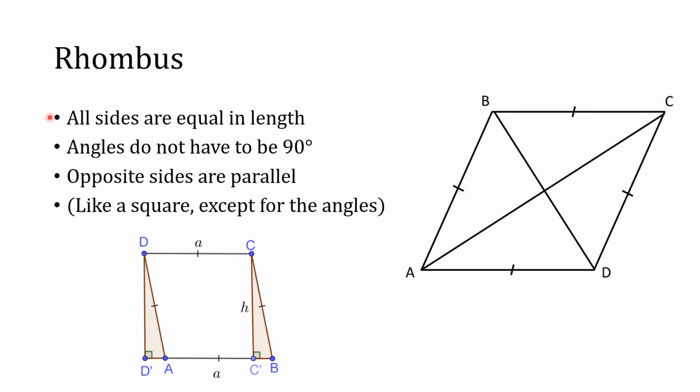The next one is the rhombus, and this is an interesting shape. It's quite similar to the square in the sense that all the sides have to be the same length, just like a square, and opposite sides need to be parallel, just like a square, but the angles don't have to be 90 degrees.